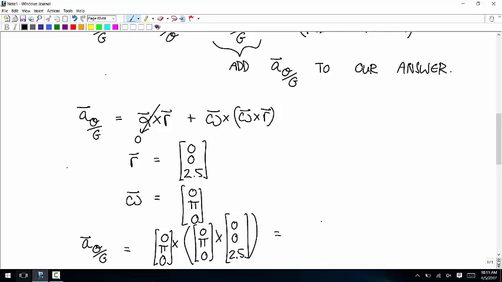And that gives 0, 0, negative 2.5 pi squared. Any questions about that? So that's the acceleration of the origin, and we're just going to add that on at the end.